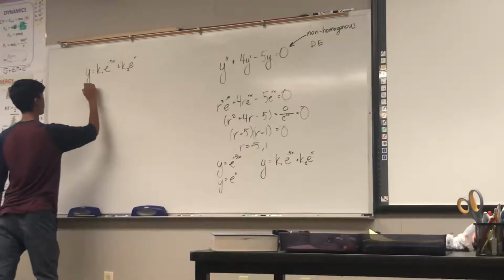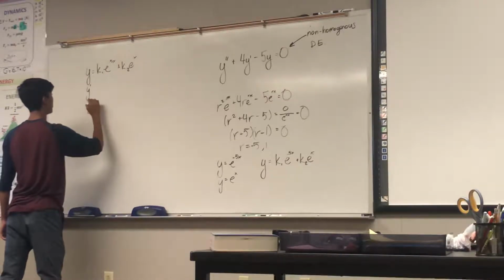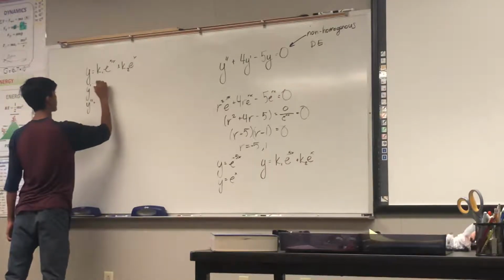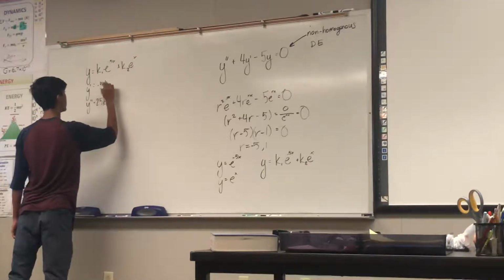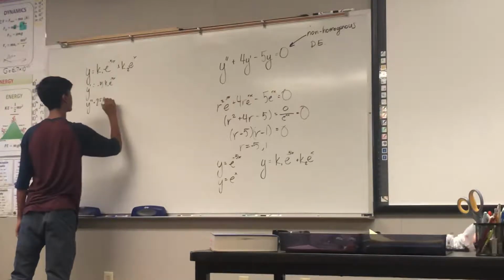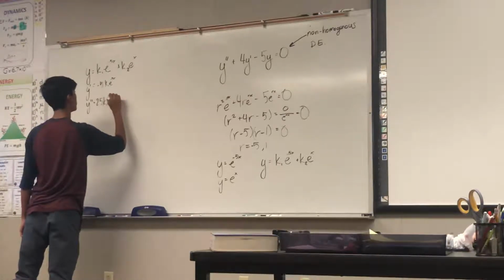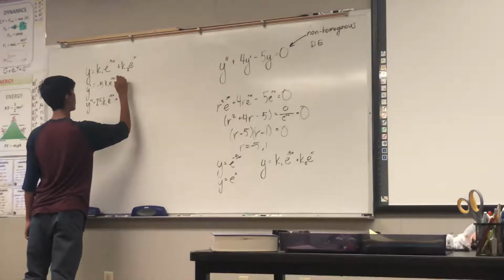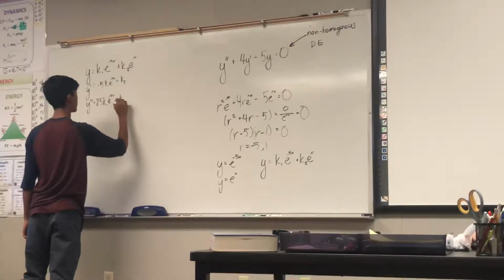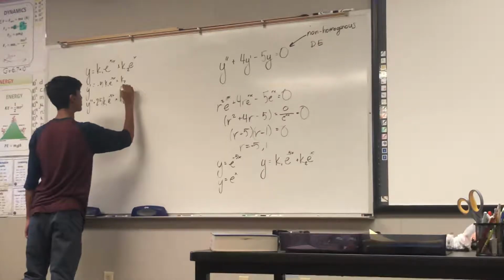So y prime and y double prime are equal to -5 k1 e to the -5x plus k2 e to the x, and 25 k1 e to the -5x plus k2 e to the x.